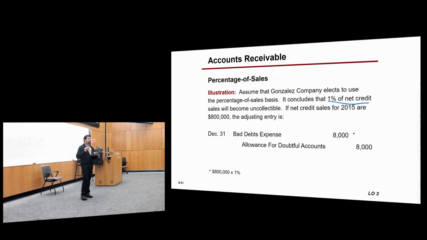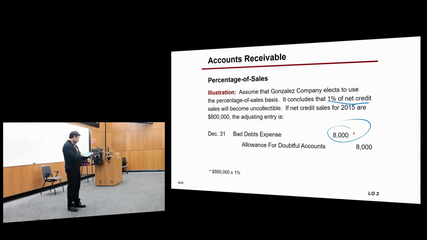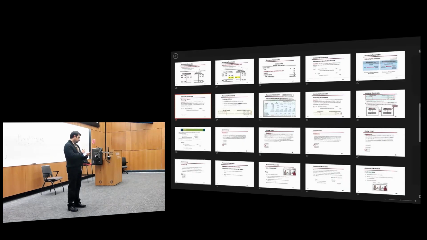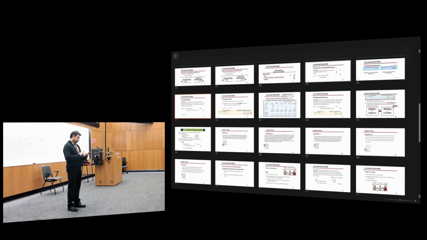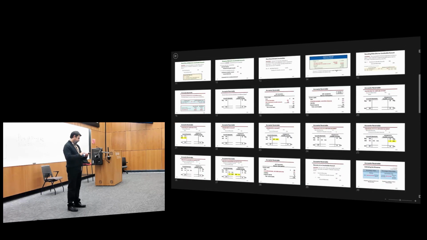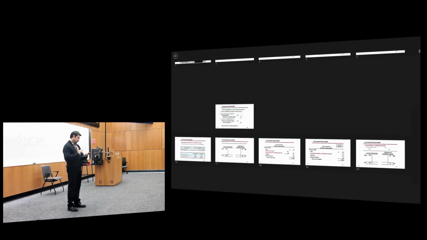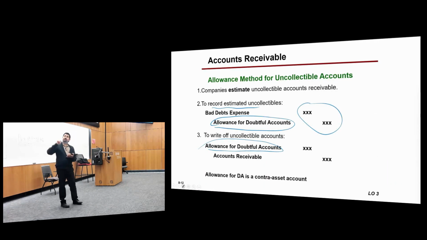So the debit, you record the bad debt expense. You always debit bad debt expense, you credit allowance for doubtful accounts. Whether you use the percentage of sales or the percentage of accounts receivable, the only thing that will change is this amount, basically the way you estimate the amount. This is why I put triple X's here. It doesn't matter what the number is.